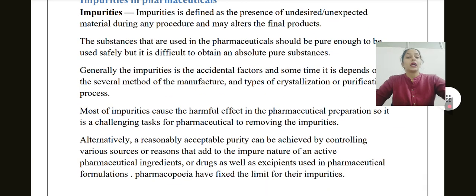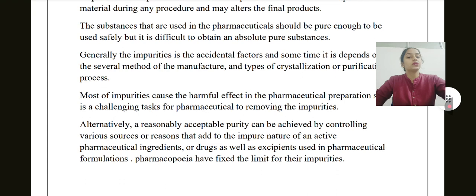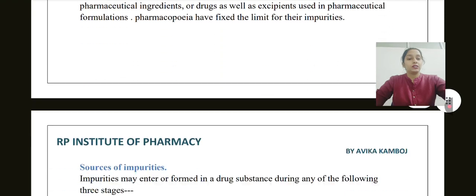Alternatively, a reasonably acceptable purity can be achieved by controlling various sources or reasons that add to the impure nature of an active pharmaceutical ingredient or drugs as well as excipients used in the pharmaceutical formulation. Pharmacopoeias have fixed the limits for these impurities.